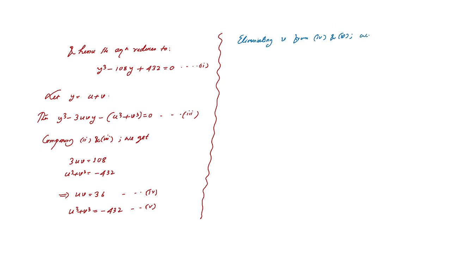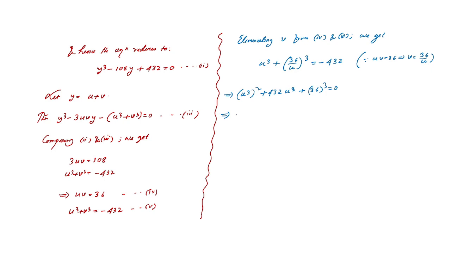We get u cube plus (36 by u) whole cube equals minus 432, because since uv equals 36, that implies v equals 36 by u. So that means it will be (u cube) whole square plus 432 u cube plus 36 whole cube equals 0.